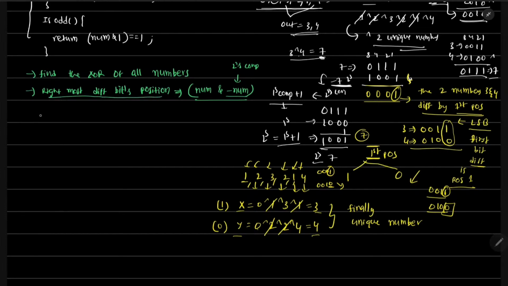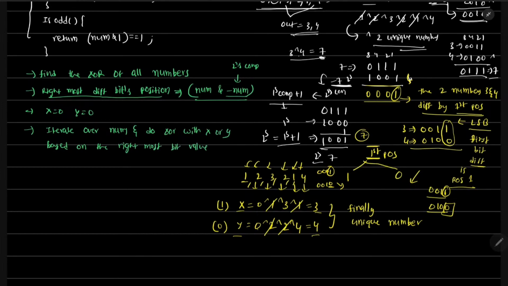Now what we have to do? Assign x equals 0, y equals 0, then iterate over the numbers and do XOR with x or y based on the rightmost bit value.